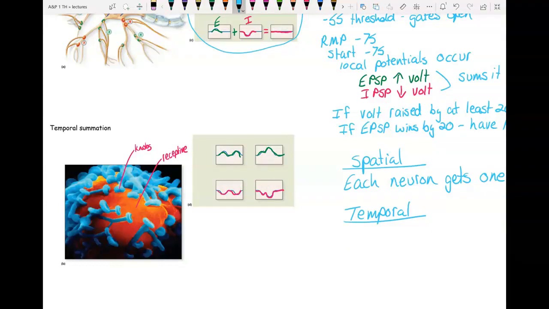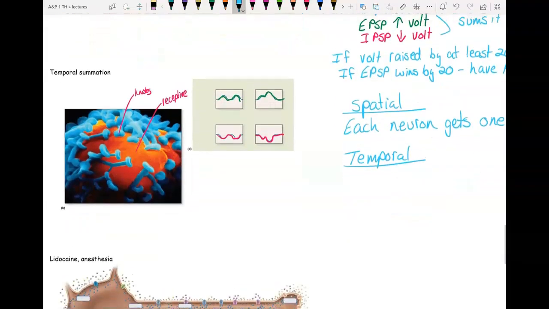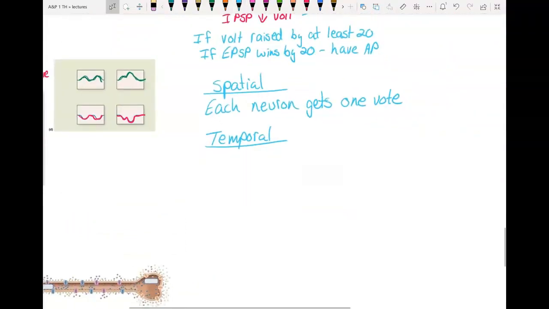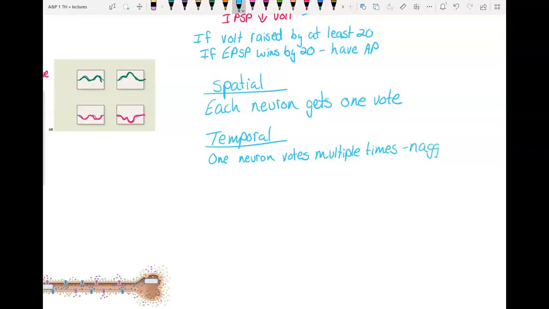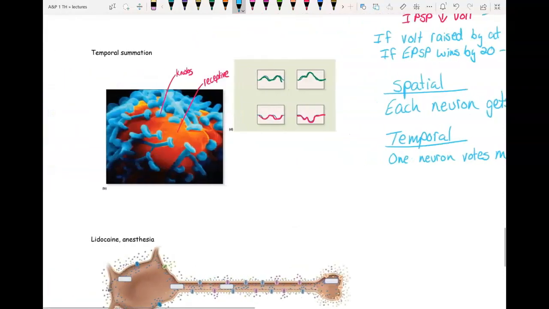So temporal is one neuron voting multiple times. I kind of think of this like nagging. You have one neuron that gets its way because it just keeps nagging or whining. It keeps secreting its neurotransmitter over and over.